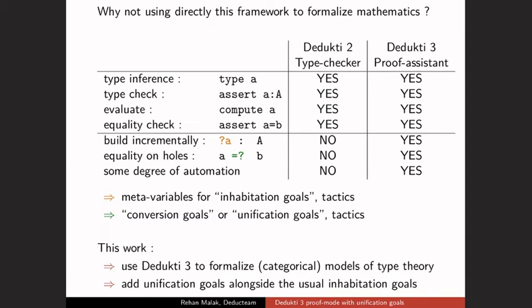And the methods we are using to manipulate these goals are called tactics. So this work is about using Dedukti, a proof assistant with these inhabitation goals, to formalize categorical models of type theory, and adding a unification goals feature alongside the inhabitation goals.